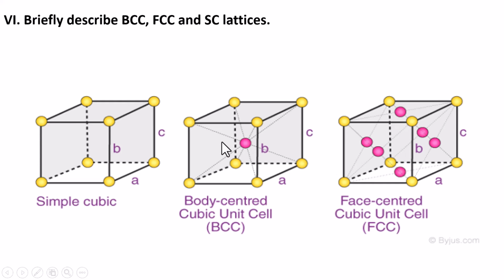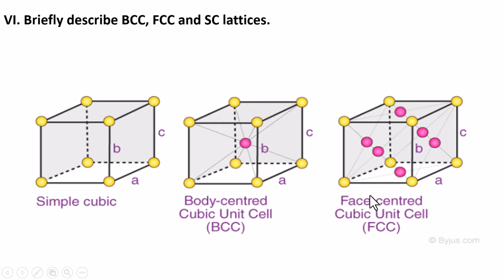In the next case, the body-centered unit cell, again you can see 8 corner atoms, 4 at the bottom, 4 at the top. And at the center of the body, one more atom is there.